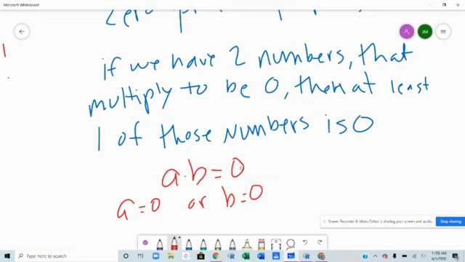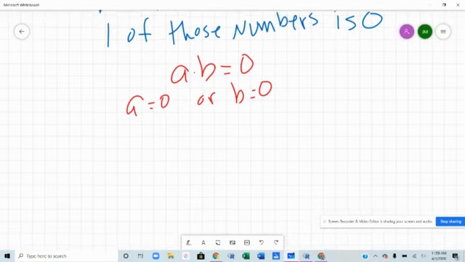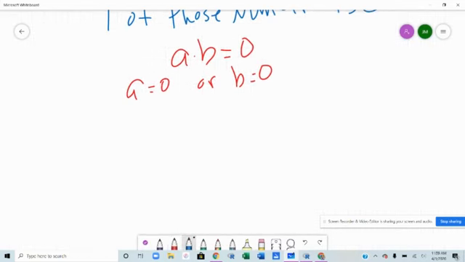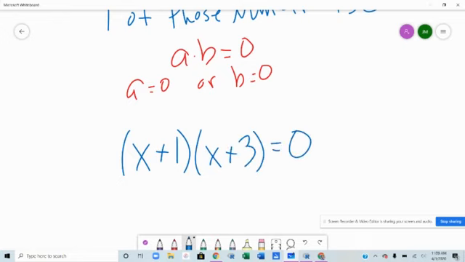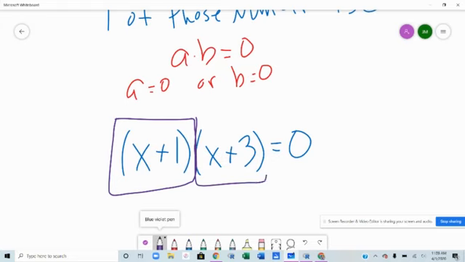So we're going to use that fact, because now instead of just telling you that I have A times B equals 0, I'm going to give you x plus 1 times x plus 3 equals 0. So that means this entire left side, whatever x equals, must equal 0. In this case, I have two parts: x plus 1 times x plus 3.